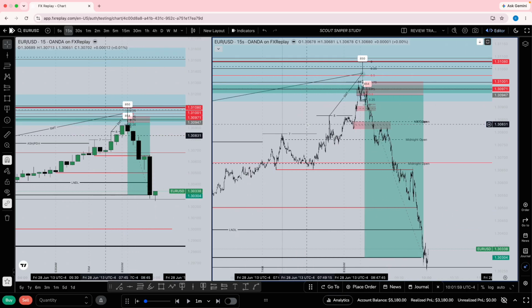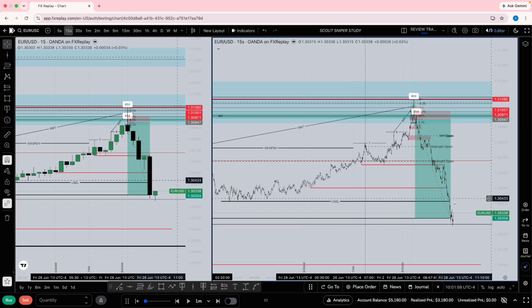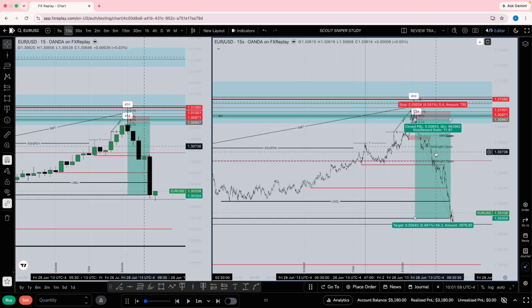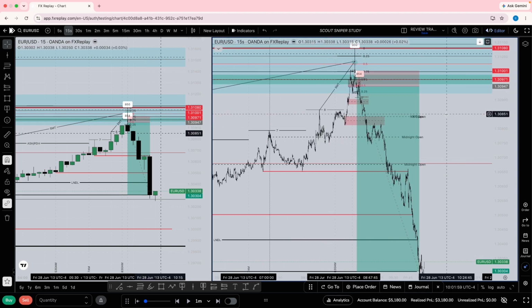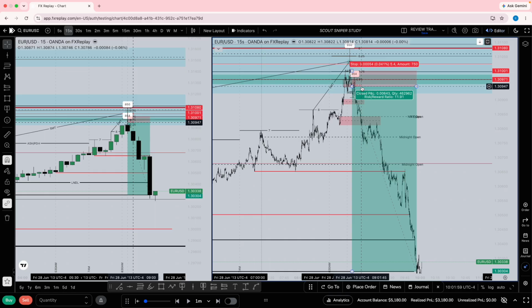And this is the market maker sell model. Original consolidation, buy side of the curve, sell side of the curve. And that's how it goes.